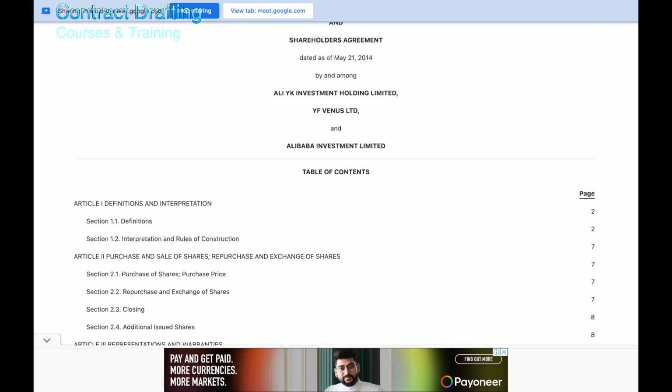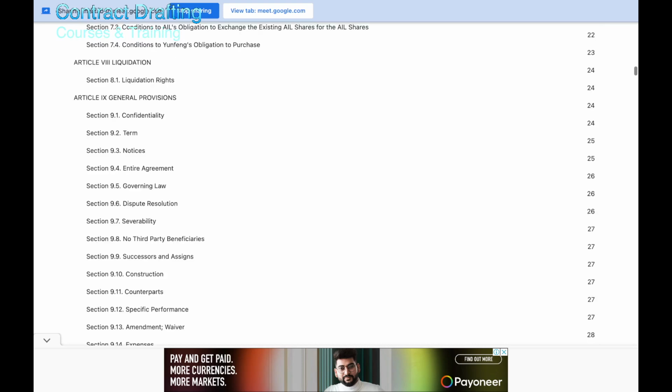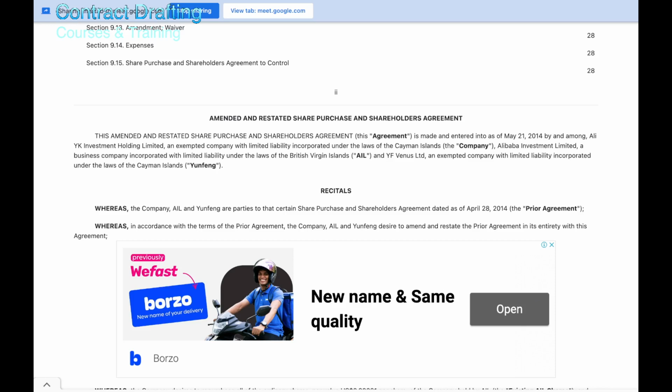Now the interesting part that you will see here is in the main body. This is the name of the contract, amended and restated share purchase and shareholder agreement. This is a lengthy name of an agreement, so what they did is shorten it to agreement.